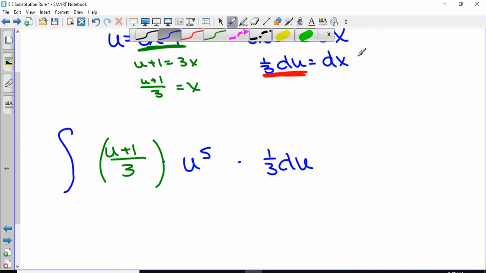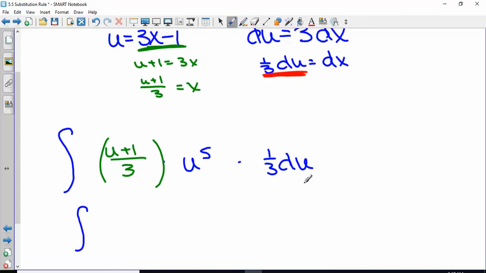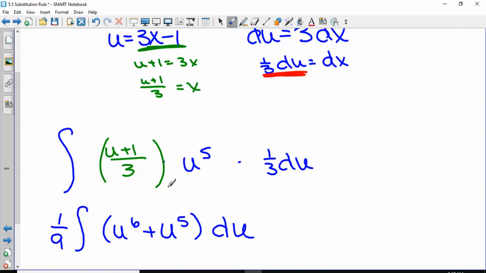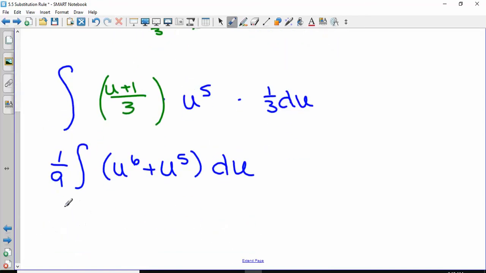Now initially this doesn't really look like I've helped myself a whole lot, but actually we have. I could multiply those 3's together and that would put a 9 on the bottom, so we could pull out a 1/9. Can you take u plus 1 times u to the 5th? Yeah, we can distribute. So that would give me a u to the 6th plus u to the 5th. And then we can integrate that.